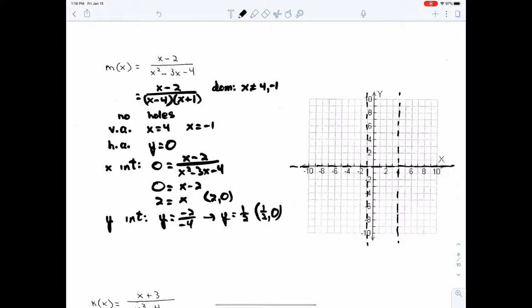Then we have no holes. The x-intercept is 2, 0, right there. And the y-intercept is 1, sorry, that's wrong. It's not 1/2, 0, it's 0, 1/2. So it's 0, 1/2, which is right about there.